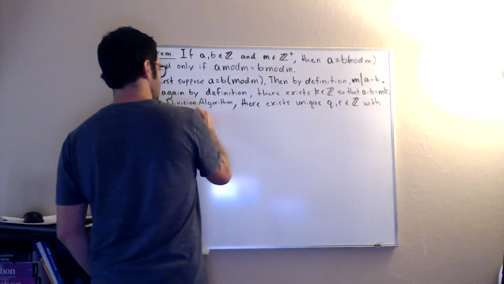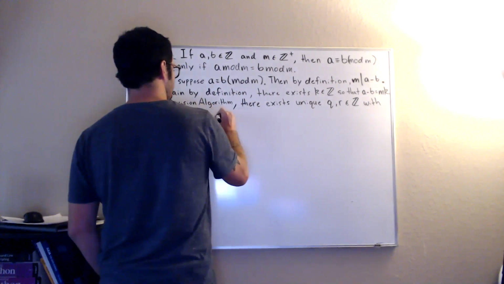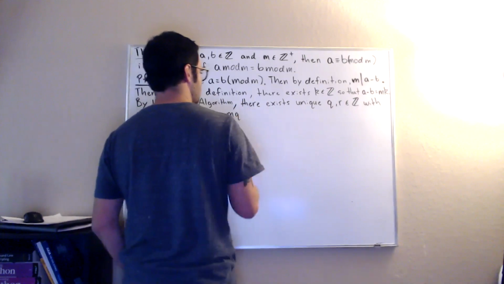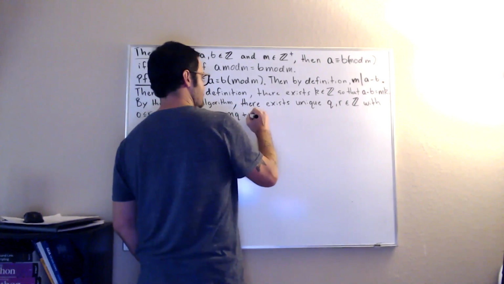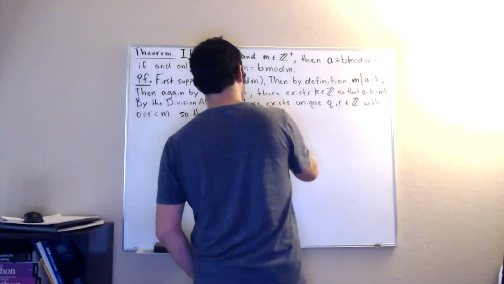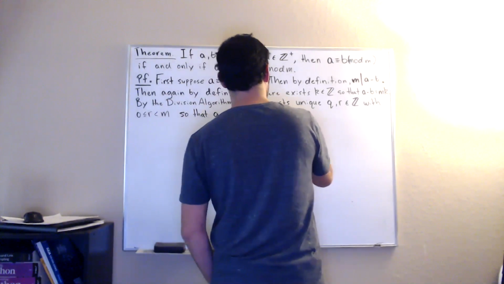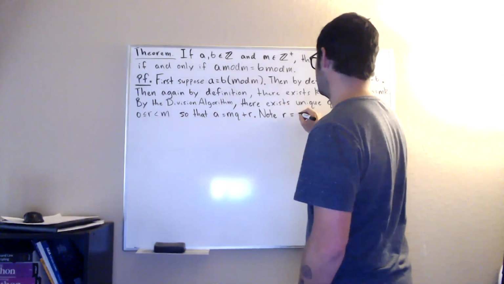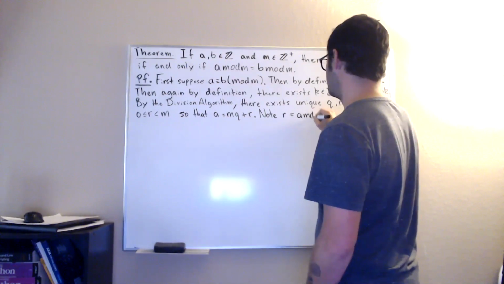So that A is equal to M times the quotient plus the remainder. And then note that R is A mod M, the remainder when A is divided by M.